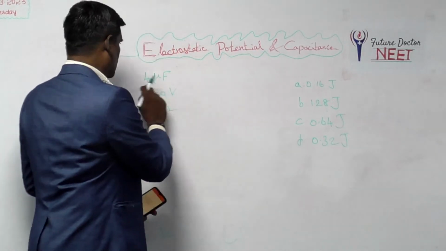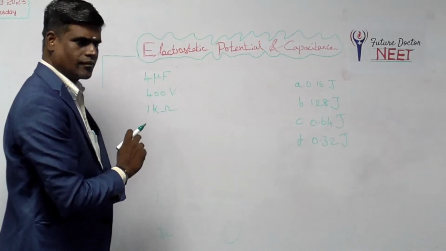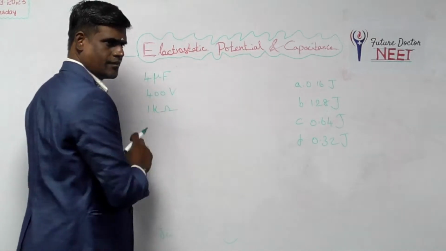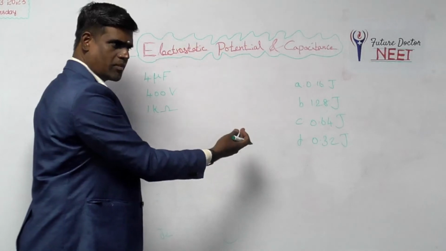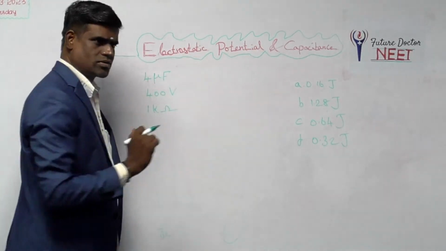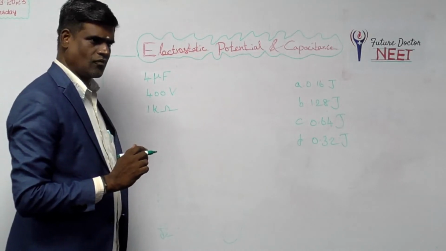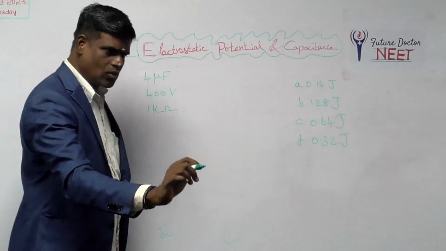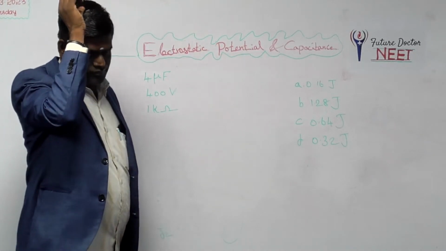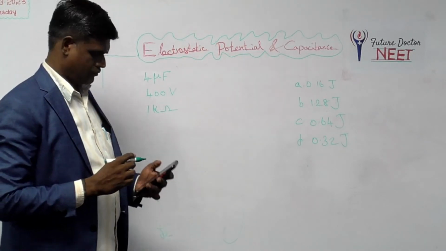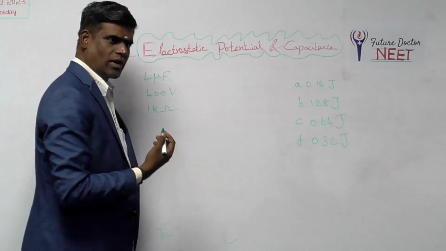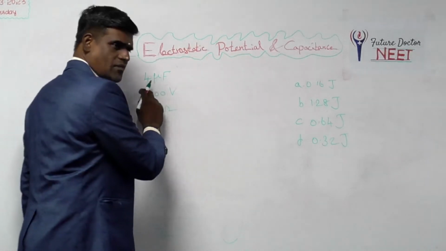So 4 microfarad, what is this? What physical quantity is this? Like dipole moment is P, symbol P. Like that, 4 microfarad is what physical quantity? Read the question. 4 microfarad means it is the capacitance of a capacitor.